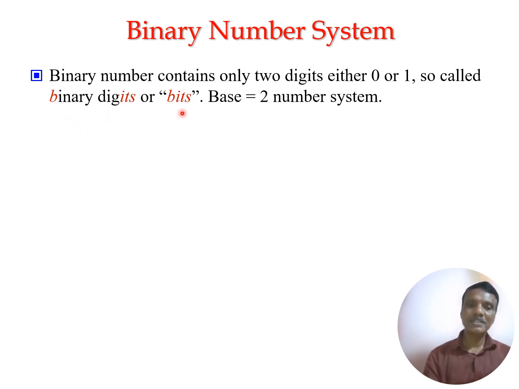In the decimal number system we call each number a digit, but here we call each a bit, a binary digit. Its base is 2.